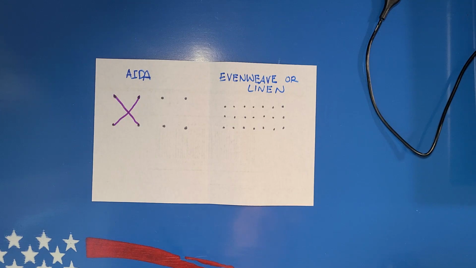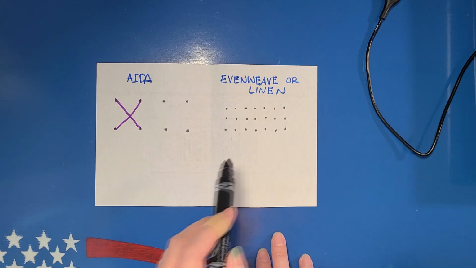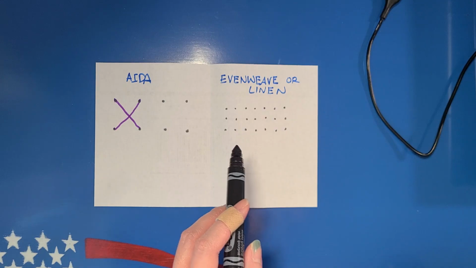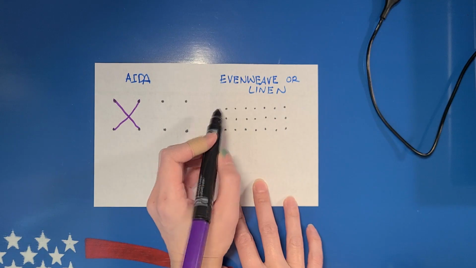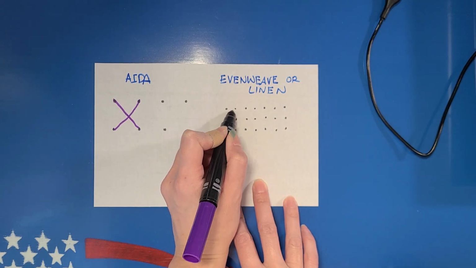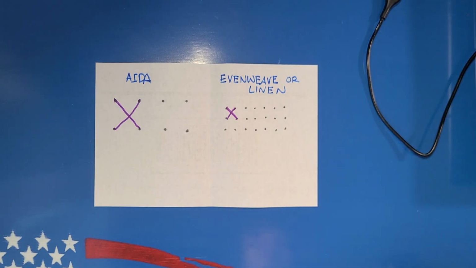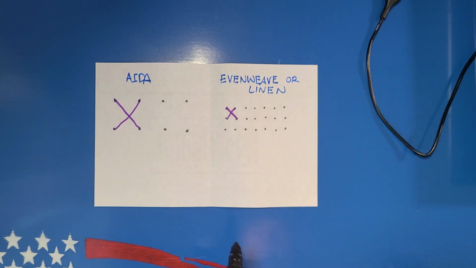So if you were going to do that with even weave or linen, so let's say this is 28 count even weave. So if you wanted to stitch over 1 on even weave or linen, you would go like this. So like that. But then if you wanted to do 2/2, so say this is 14 count Aida and this is 28 count even weave.